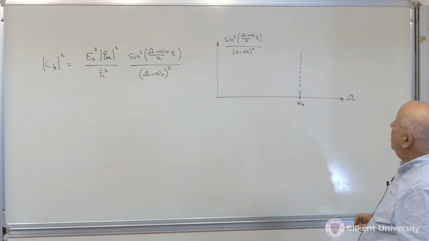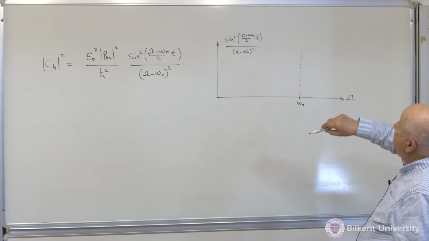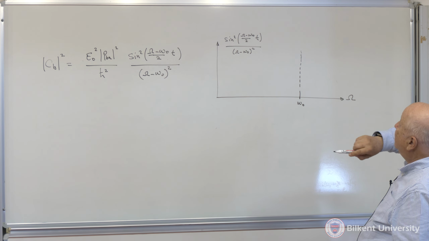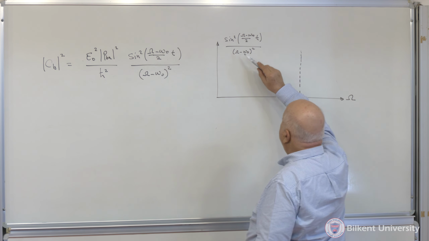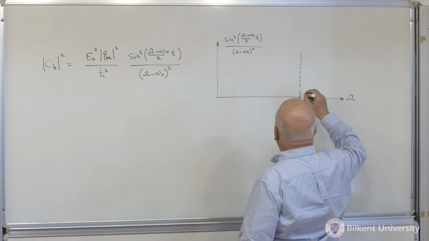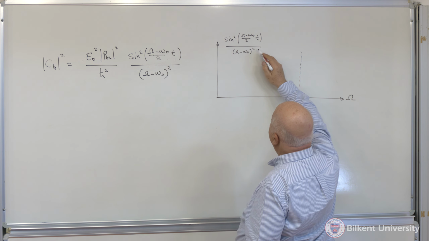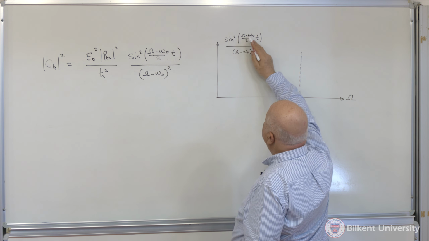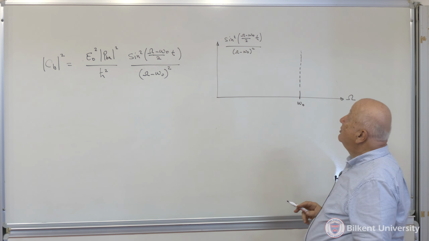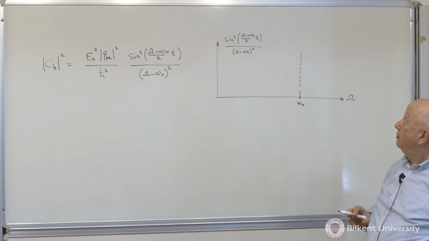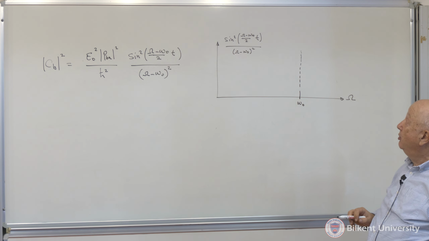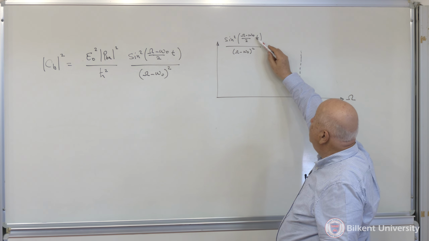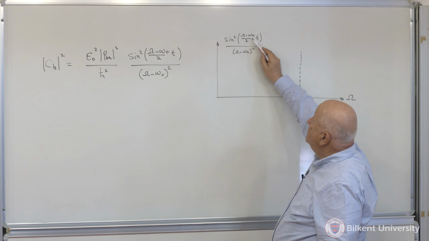And what am I going to get as a result of this expression when omega is equal to omega 0? Well, I have to expand this sine near omega equal to omega 0, which is going to give me t over 2 times this thing squared.